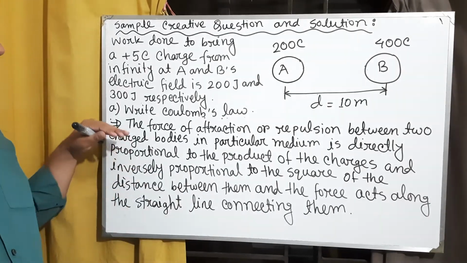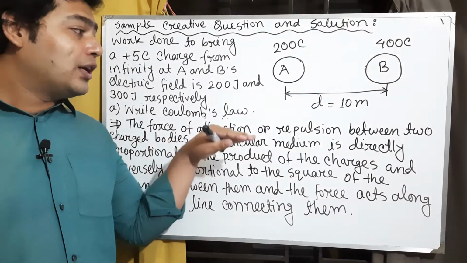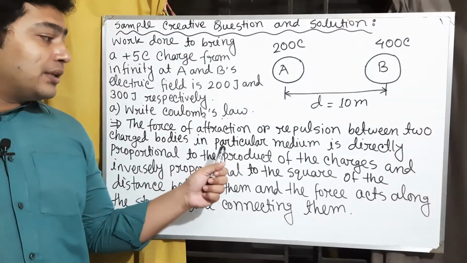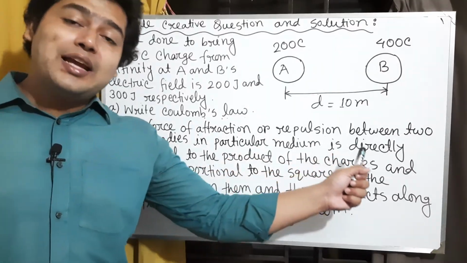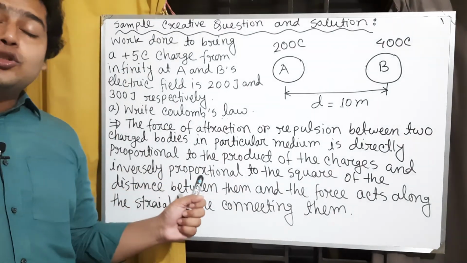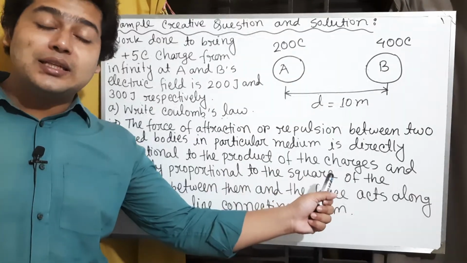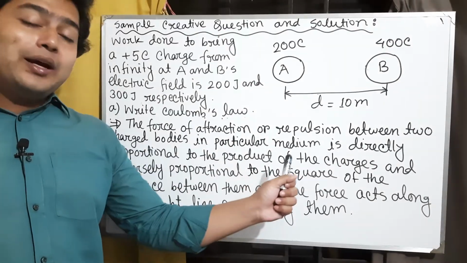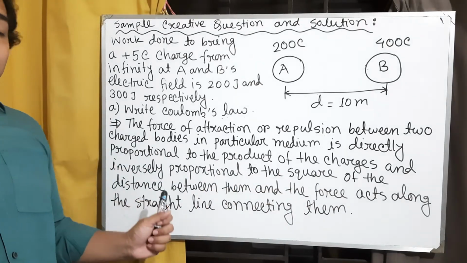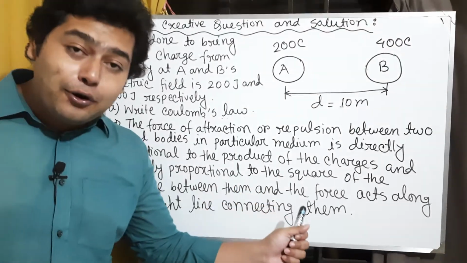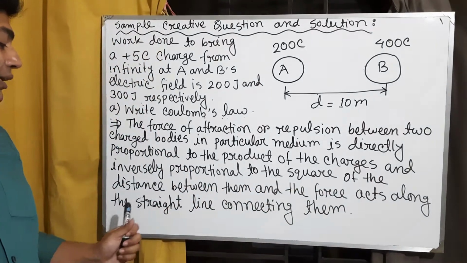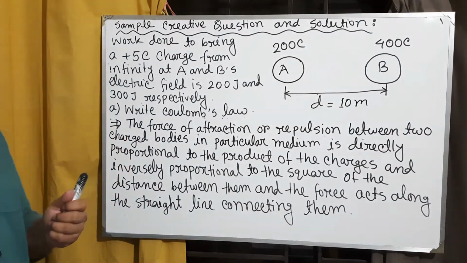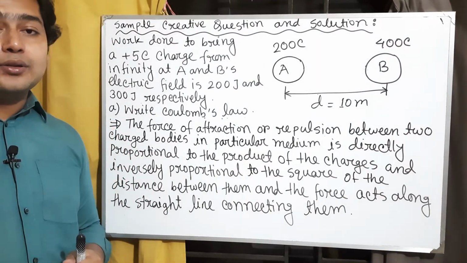The force of attraction or repulsion between two charged bodies in a particular medium is directly proportional to the product of the charges and inversely proportional to the square of the distance between them, and the force acts along the straight line connecting them. So this is our Coulomb's law.